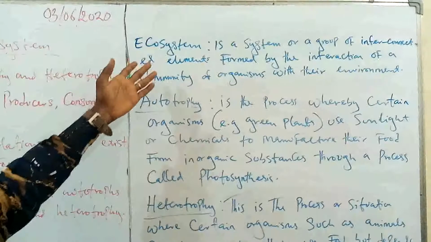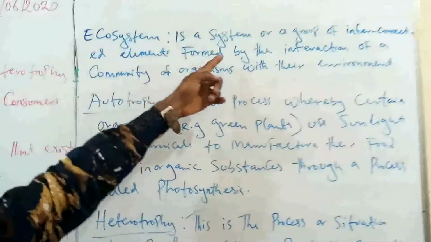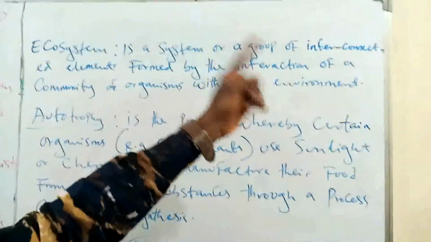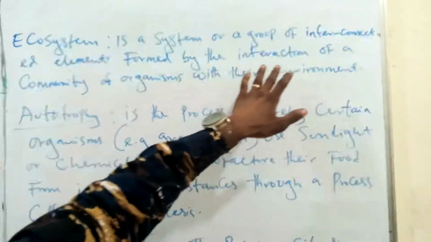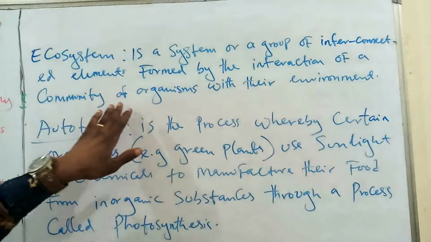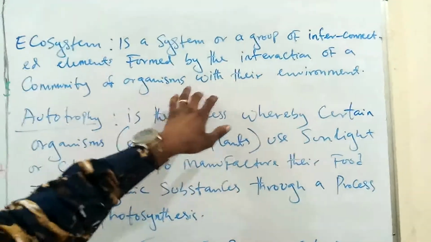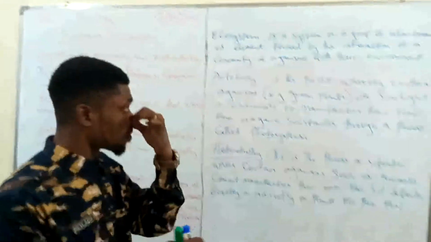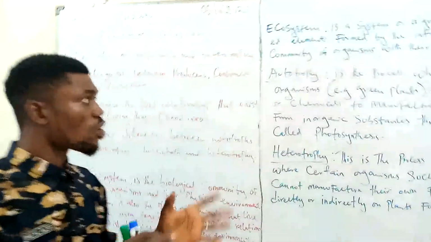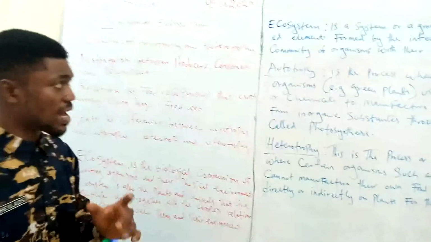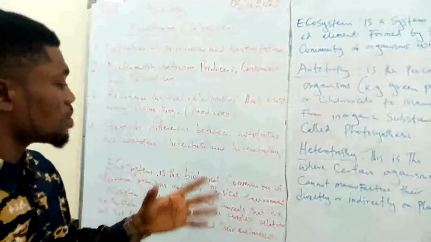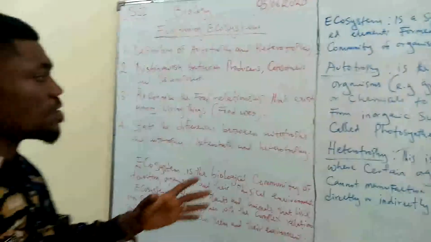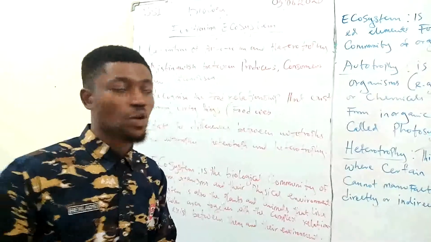Likewise, an ecosystem is also a system or a group of interconnected elements formed by the interaction of a community of organisms with their environment. So everything about the ecosystem has to do with a group of organisms, be it plants or animals, that come together and live in a physical environment together.